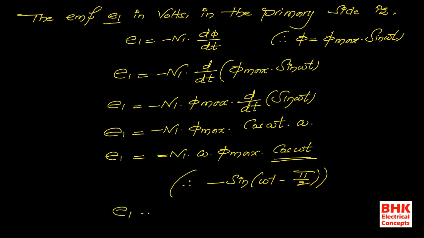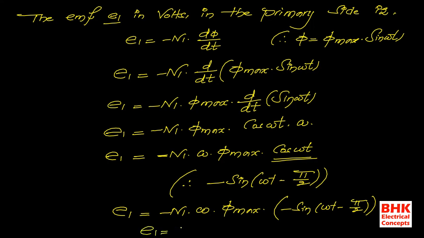So E1 is equal to minus N1 into omega into phi max into cos omega t. Instead of cos omega t, I am writing minus sine omega t minus pi by 2. So here E1 is equal to N1 into omega into phi max into sine omega t minus pi divided by 2.